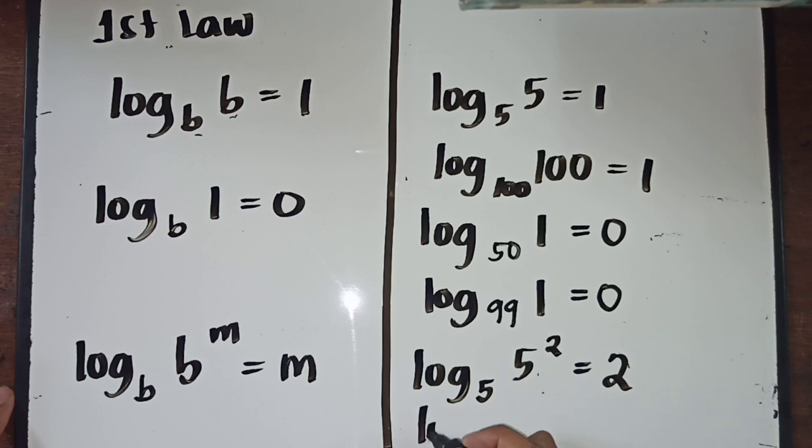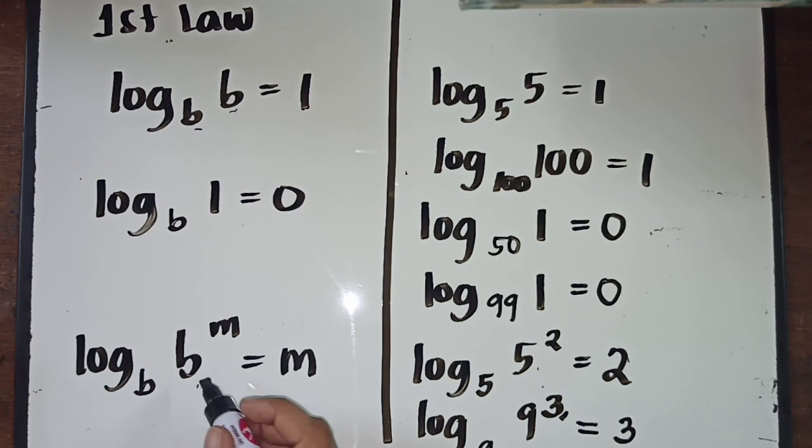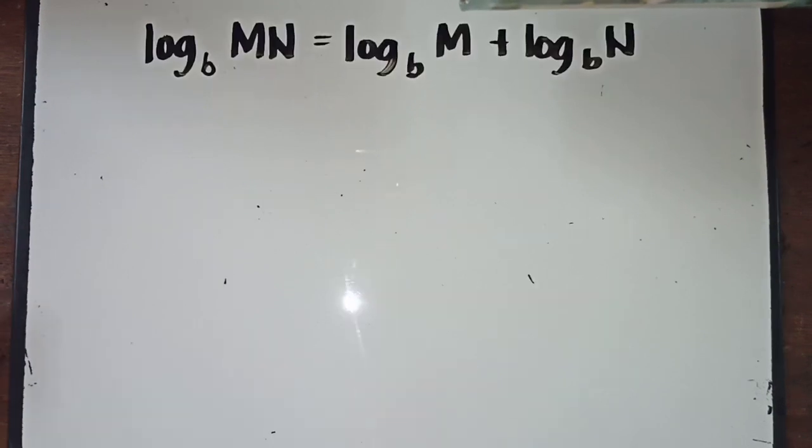So kung meron akong logarithm of 9 cube to the base 9, the answer is 3. Okay, so again, logarithm of b raised to m to the base b is equal to m. So that is logarithm of 9 cube to the base 9, so that is equal to 3. Okay po, so basta magkatulad to, magkatulad din to. Okay, so that is the first law.